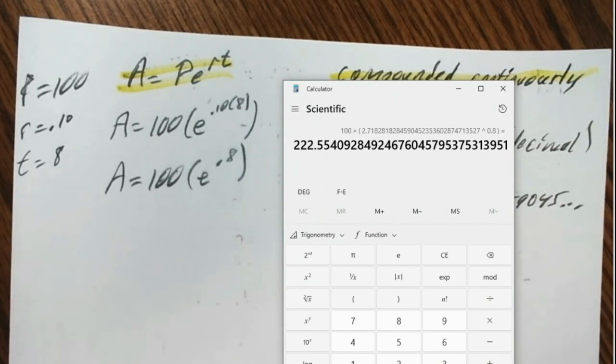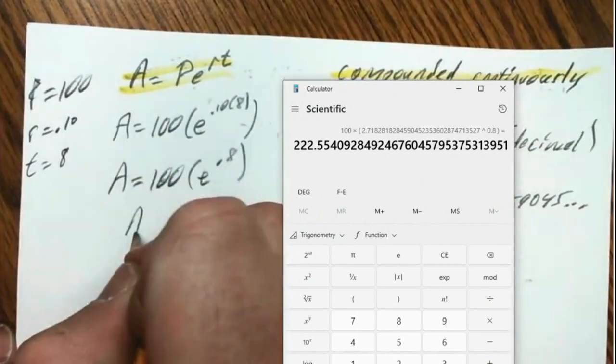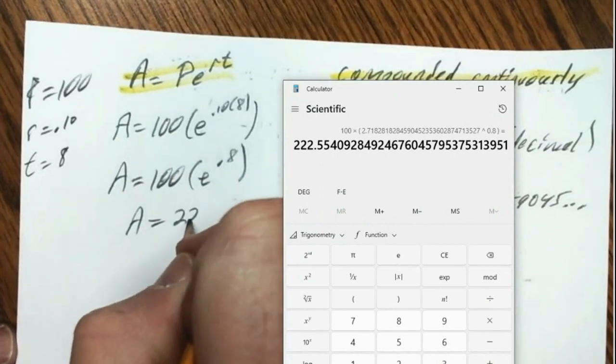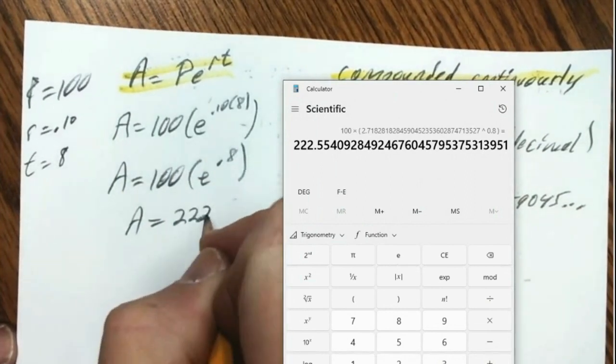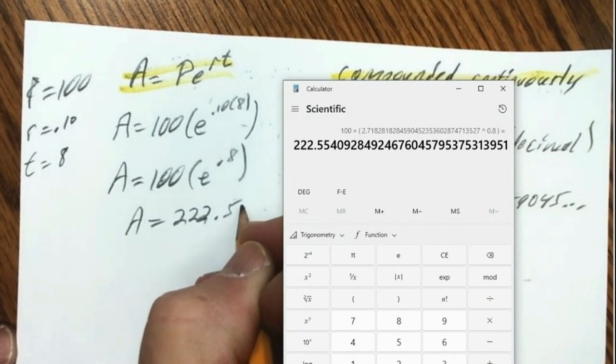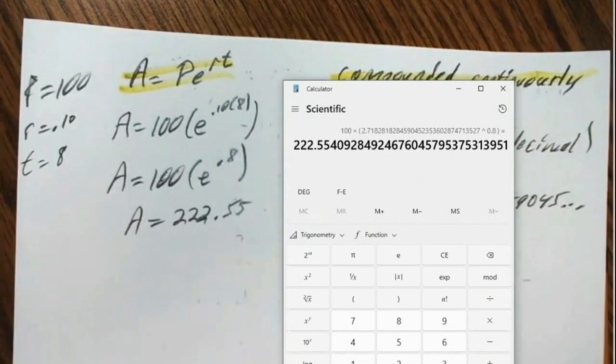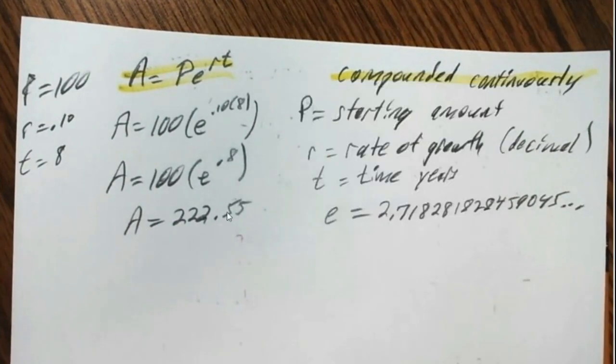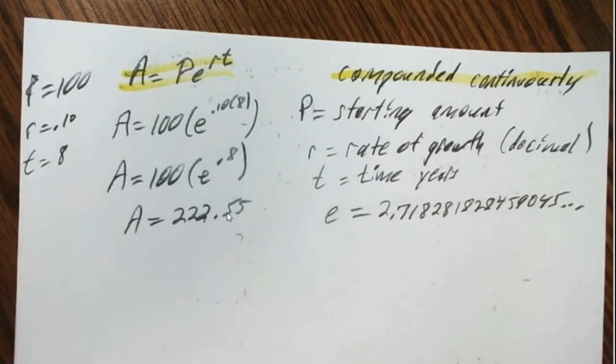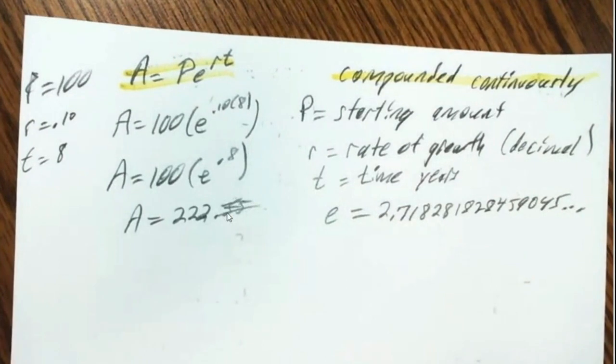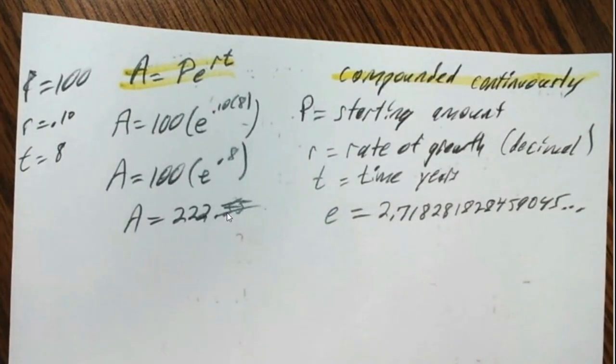We'll have 222.55, which means we really won't have more than 222 because we can't have a part of a bacteria. So we really have 222 bacteria at a growth rate of 10%.